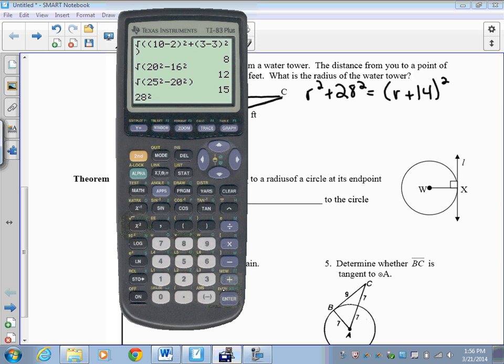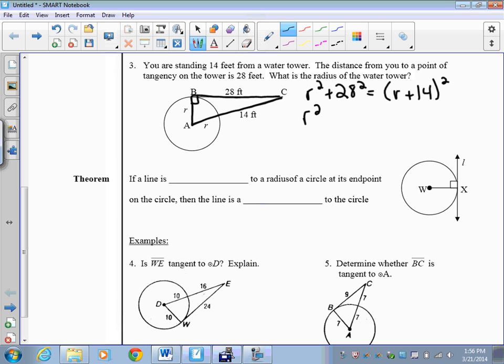First off, though, I'm going to take what 28 squared is. That's 784. So I have r squared plus 784. And I'm going to write this to the side. This is going to be something that's going to be very important whenever you go into Algebra 2. Whenever we expand this, we get this right here.